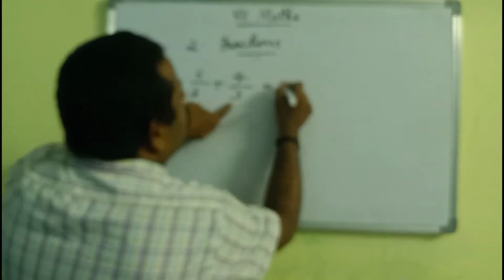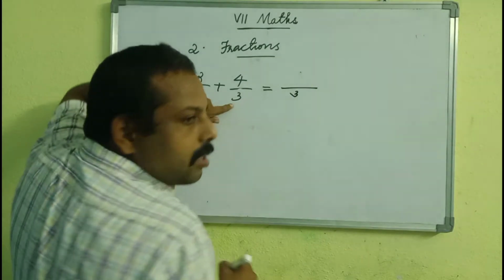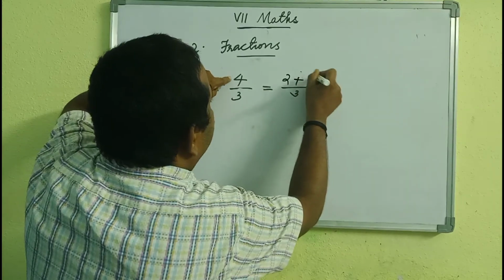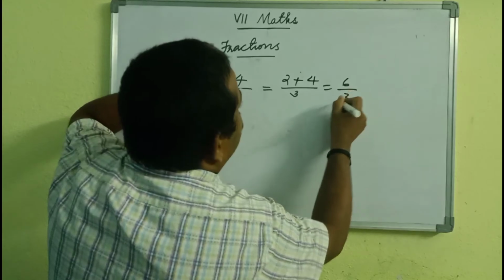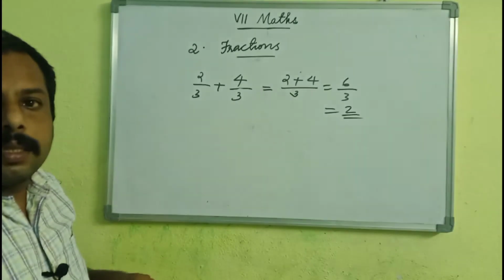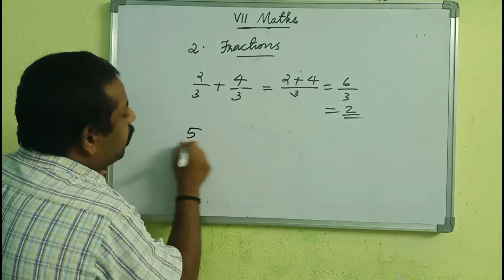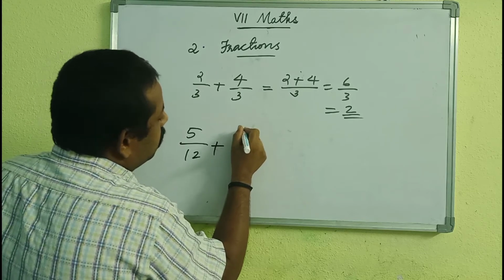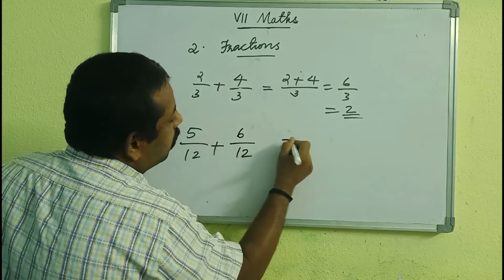Here the denominators are common, so you give the common denominator. 2 plus 4, 6 by 3. You know 6 divided by 3 is nothing but 2. 3 2s are 6. Now 5 by 12 plus 6 by 12.